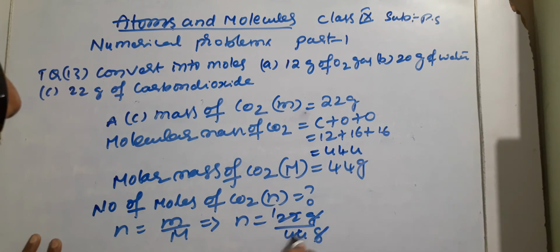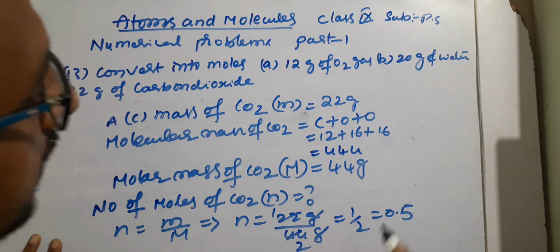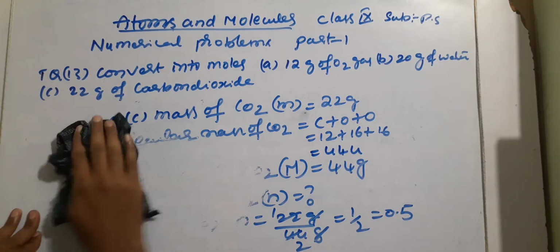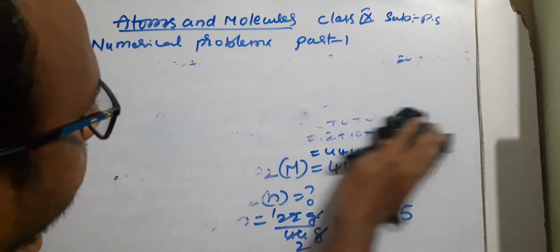Grams cancel, 22 ones, that is 1 by 2. 1 by 2 means 0.5. Here the number of moles has no units, it is only a number. So this is the solution for the third one, students. In textual question number 13, there are 3 problems: conversion into moles from the given mass of the substance. Now we go to another textual problem on this topic.